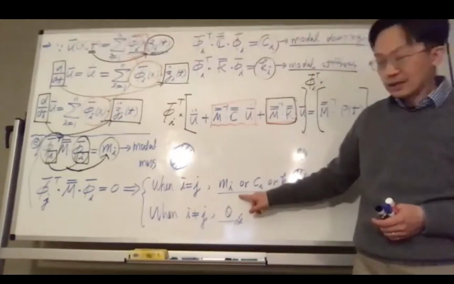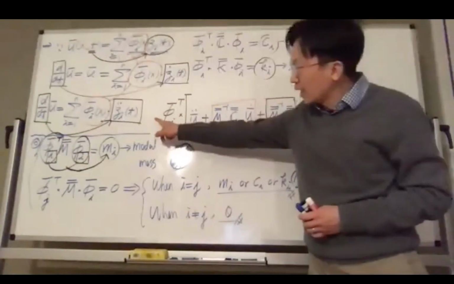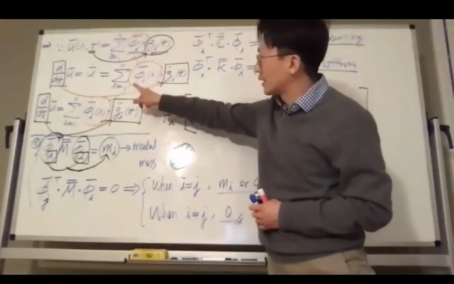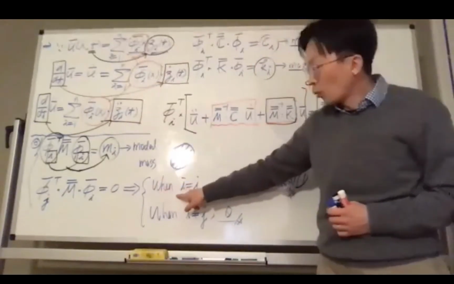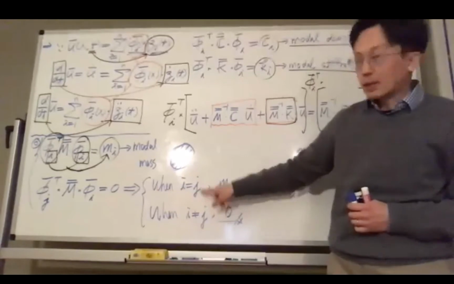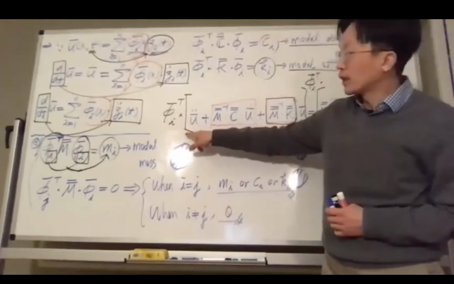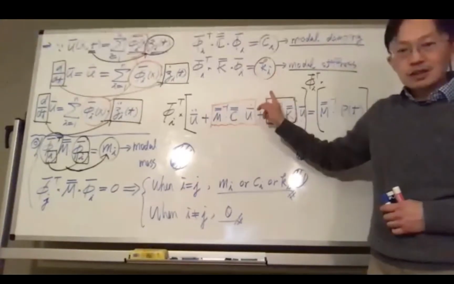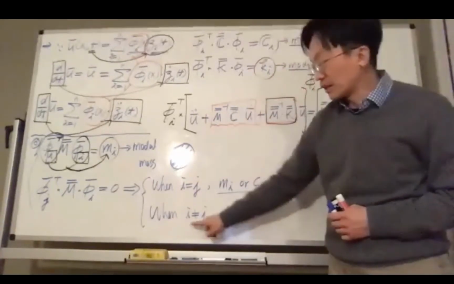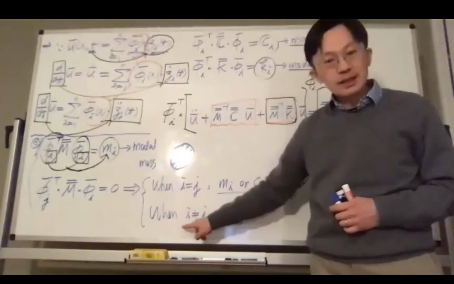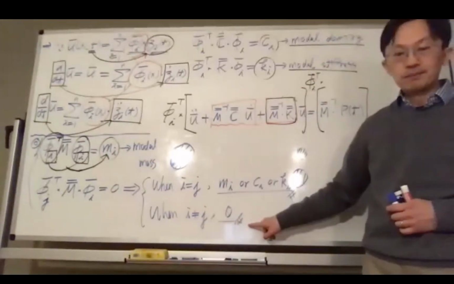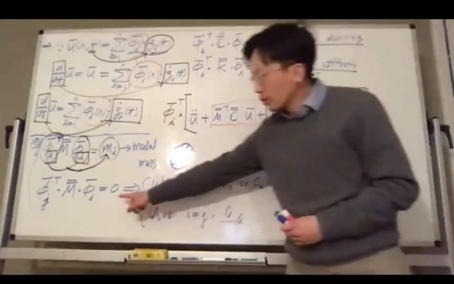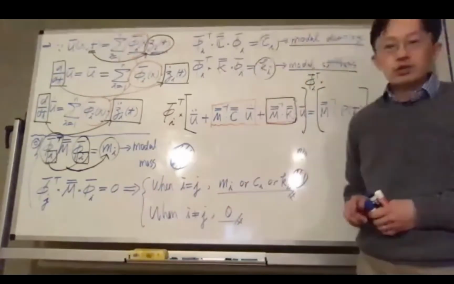Modal orthogonality says very clearly, if you subject any kind of mode-shaped vectors to the governing equation, to whatever your displacement, velocity, acceleration, only when the numbers are the same, that means you pick the first mode, it will only keep the first mode out of these results. Every other, if it's not the first mode, it will be 0 because when i is not equal to j, the result is 0. So modal orthogonality gives us a very, very useful result.